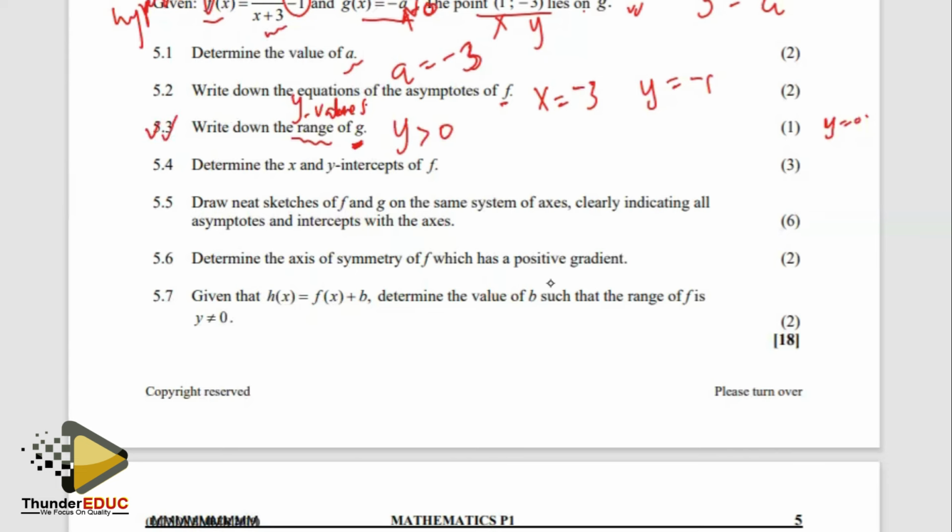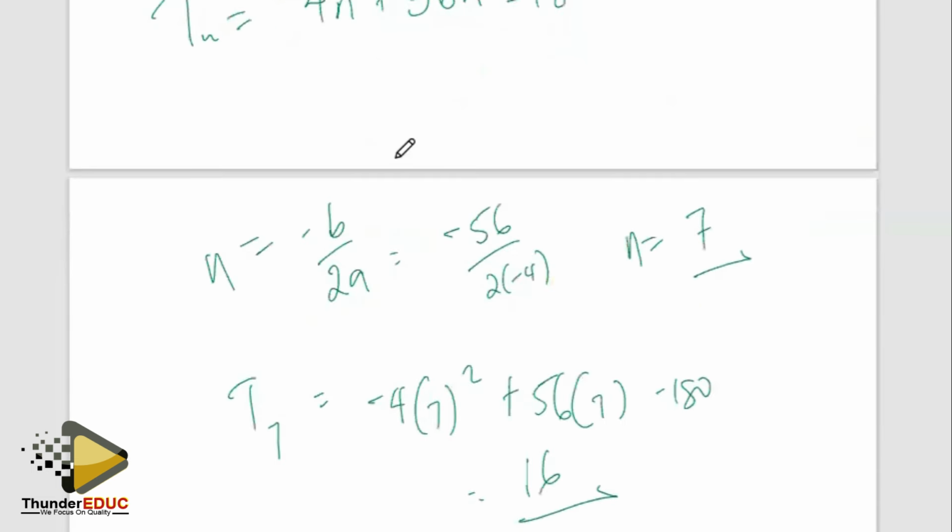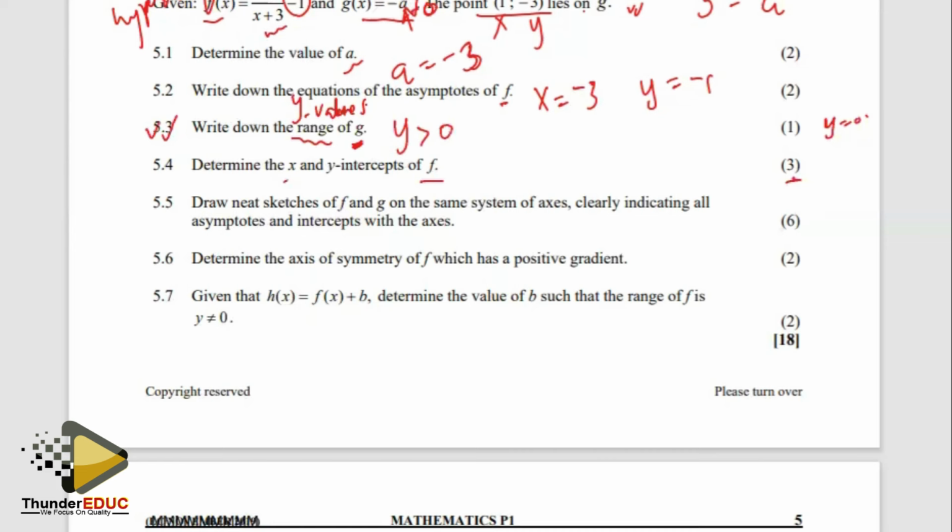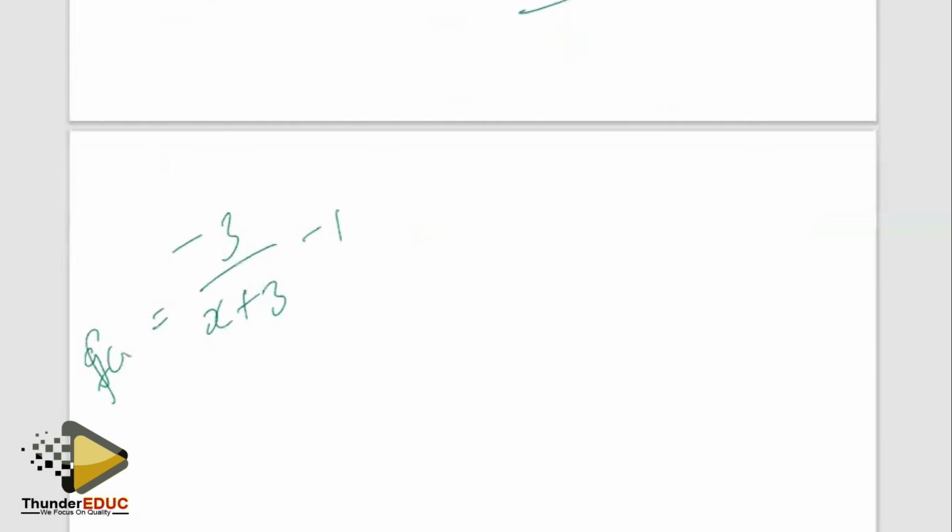Then determine the x and y intercepts of f. Why are they giving us 3 marks? Should be 4. So we have negative 3 over x plus 3 minus 1. That is f. But remember f of x is the same as y.